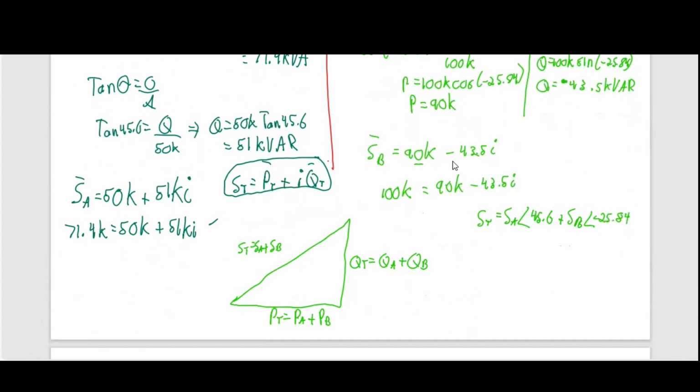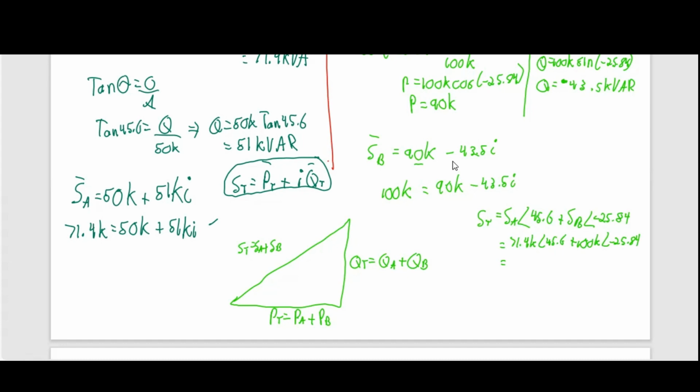So this will just end up being SA as well, 71.4K angle 45.6, plus SB, which was what? 100K angle minus 25.84. All right, so you have to put it in a calculator.